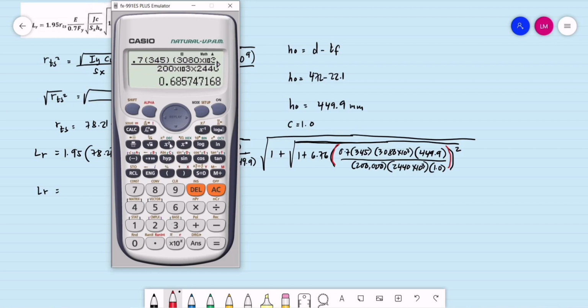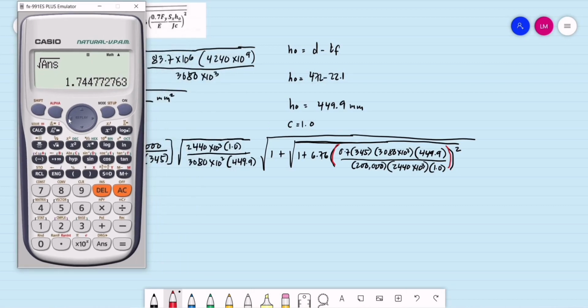Then we are to square that value, and then multiplied by 6.76. Then plus 1, then square root again, then 1 plus that value, then square root again.